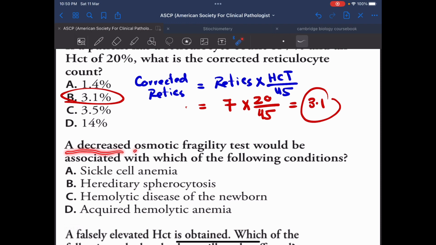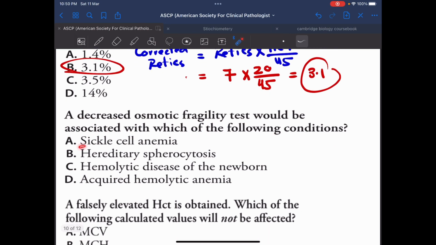A decreased osmotic fragility test would be associated with which of the following conditions? Sickle cell anemia, hereditary spherocytosis, hemolytic disease of the newborn, or acquired hemolytic anemia?